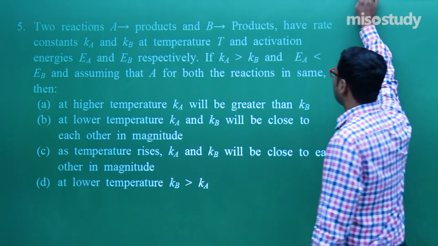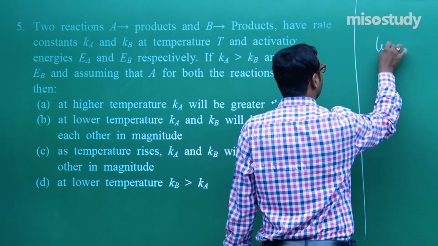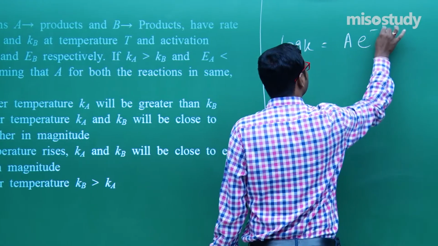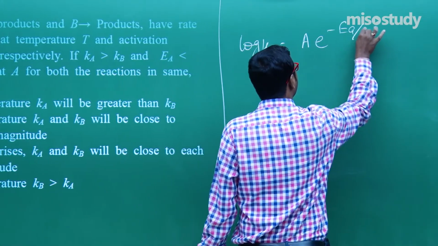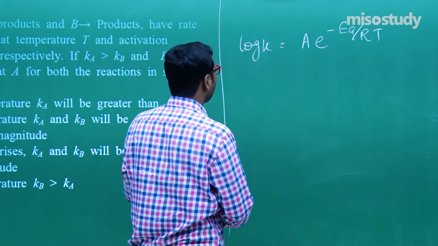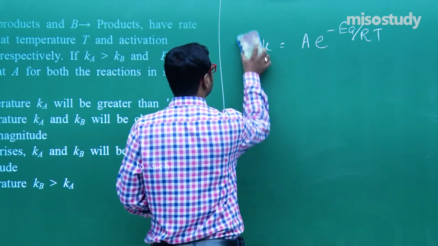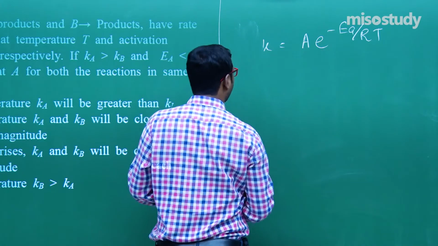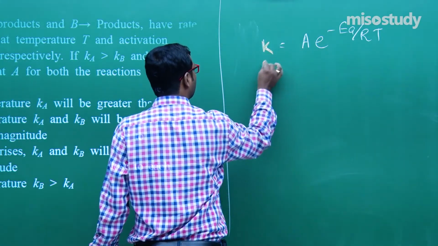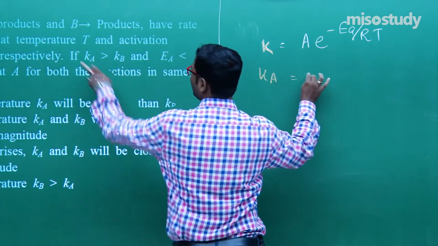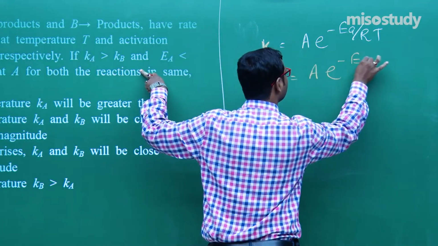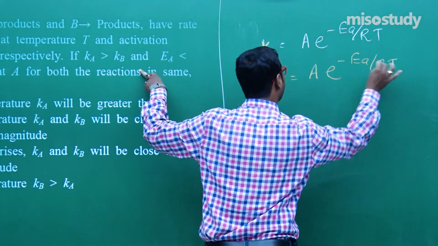As we know, the rate expression is K = A e to the power minus EA upon RT. Remember this? Sorry friend, that is the expression. Clear? If I talk about Ka, Ka is equal to A e to the power minus EA upon RT.